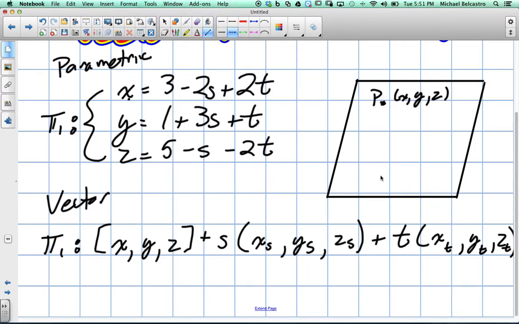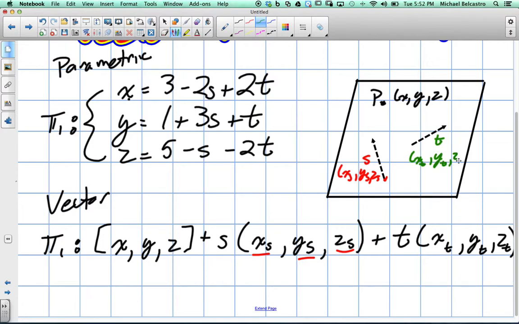What we also have is direction vector s, so we'll call that s, and that is our x_s, y_s, z_s. And another directional vector, t, and this is x_t, y_t, z_t.